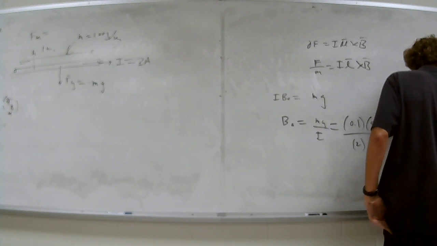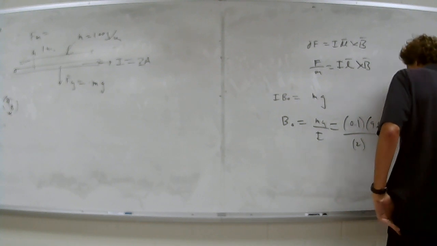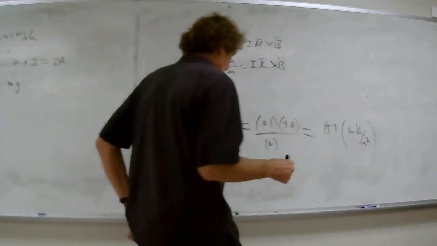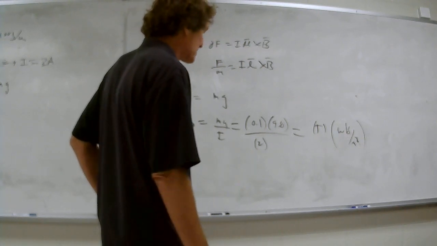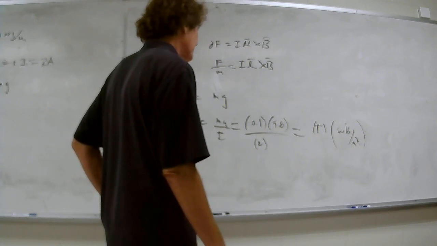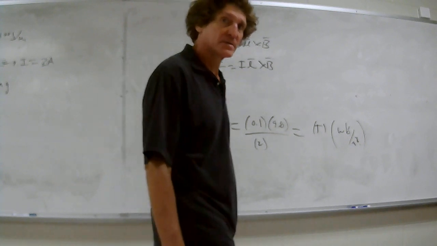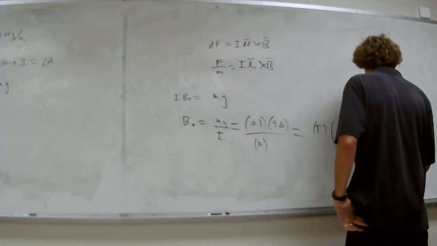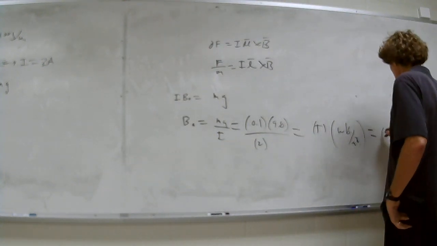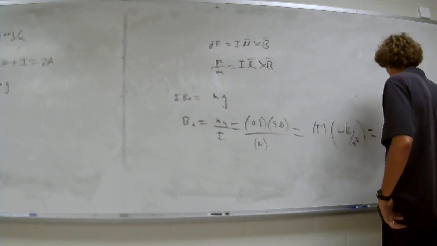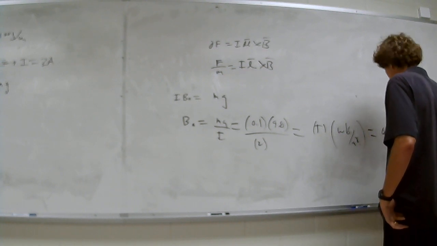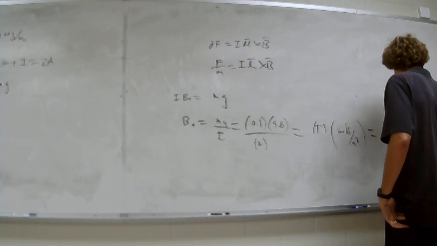I tend to like Webers per meter squared. Tesla's okay, but it's one of the two. So that's 0.98 over 2, about a half, a little less than half. Can you tell me what that is? It's 0.49, in Webers per meter squared.